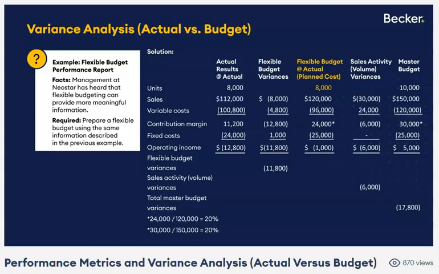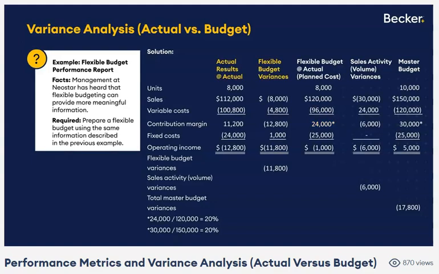So folks, with a $15 selling price per unit, 8,000 units sold, we should have had sales revenue of 120. If you take the $12 variable cost per unit times 8,000 units, we should have had variable costs of 96,000. And if you take the 8,000 units sold times the contribution margin per unit of 3, we should have had contribution margin in dollars of 24.